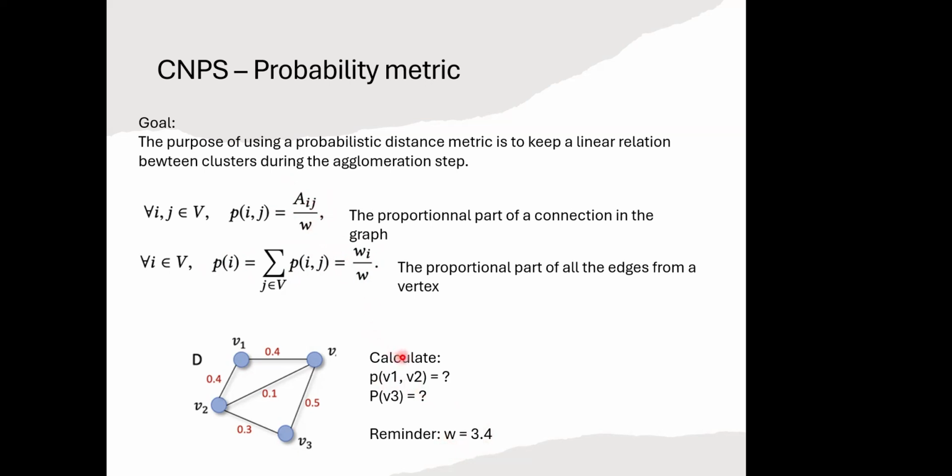Someone want to help me? 0.4 divided by 3.4. Exactly. You took the edge between V1 and V2, and you divided by 3.4. Exactly, it's approximately 0.11. And can someone else help me with P(V3)?